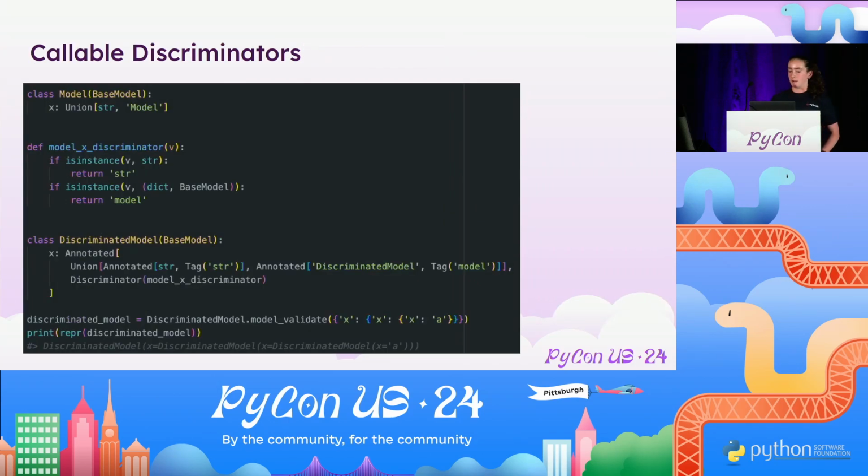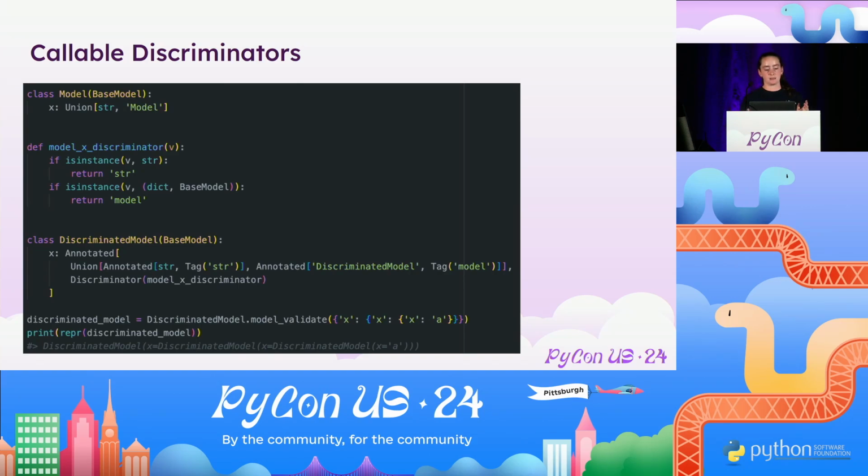All right, so I'm going to go into a little bit more detail with the callable discriminators. The application before was a little bit hand-wavy because I was mostly focusing on the improved error handling. The reason that callable discriminators are helpful, although they're slightly less performant than the simple string discriminators, is that they allow for slightly more complex discrimination behavior.